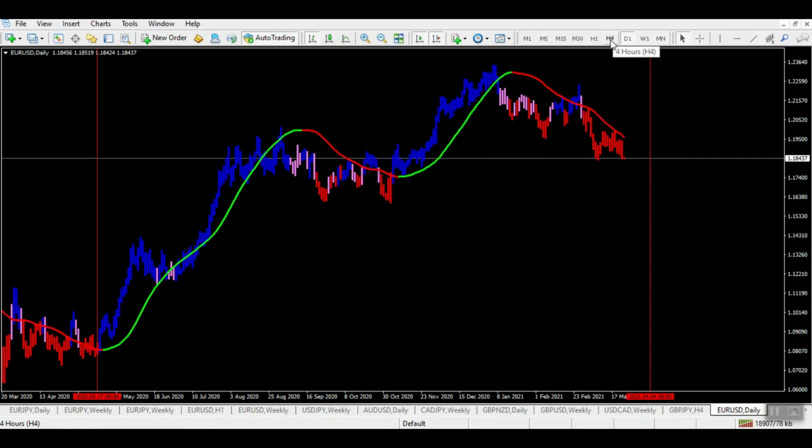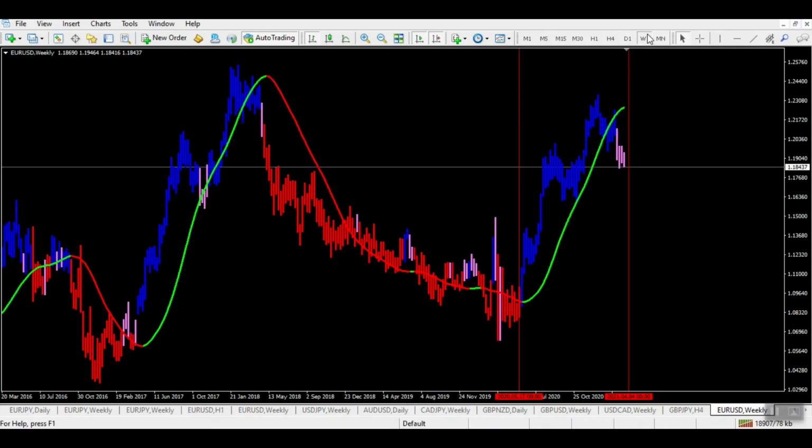There's too much out there to be just scratching around for every single little trade. If you look to here, look how much. That's a lot of movement right there. I'm not going to fall all the way down to some minor time frame and try to scratch out a living.